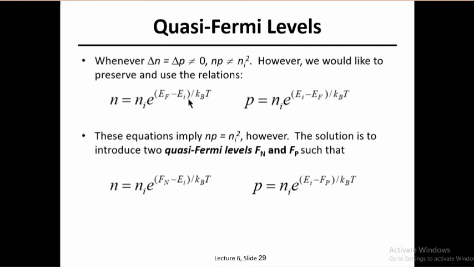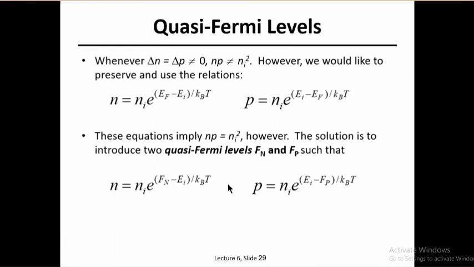So if I'm writing this equation, this implies that I already took np equal to ni squared. However, this is not really true for the condition where delta n equals delta p, so we're introducing in that case two new levels. If I want to go from these two equations to have this condition delta n equals delta p, then I have to introduce the two Fermi levels, Fn and Fp.